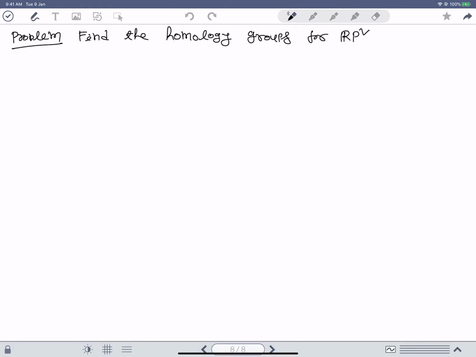Okay, so we have already seen the delta complex structure on RP2, that is this one.